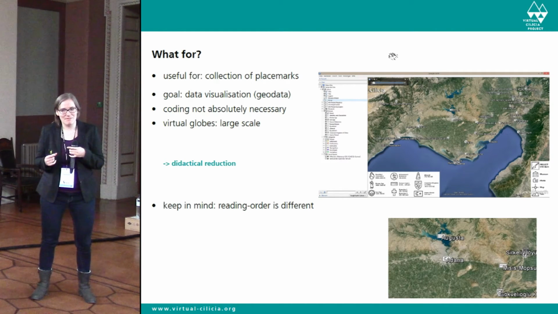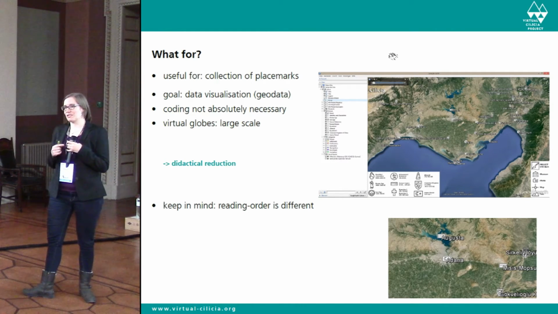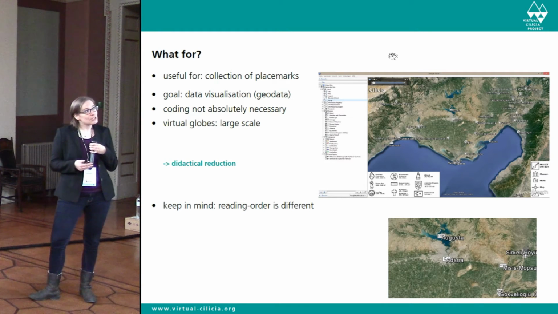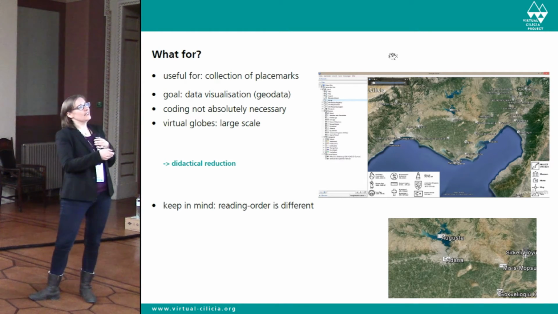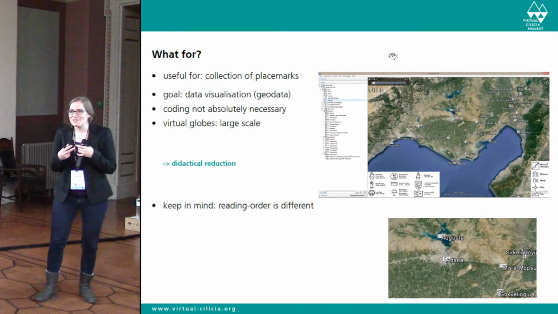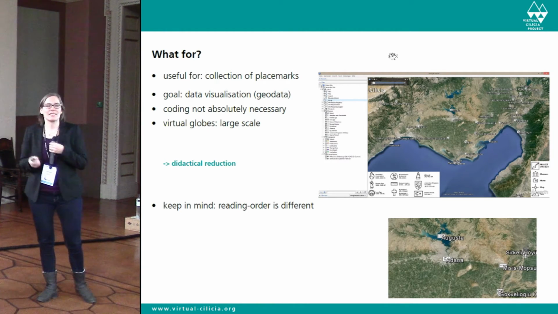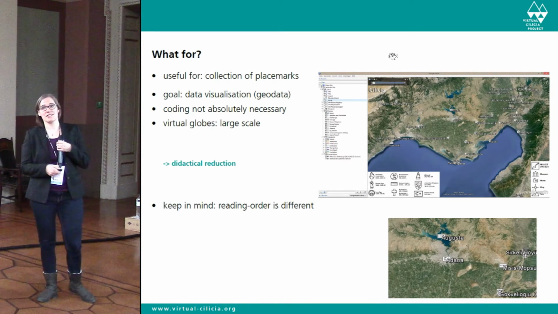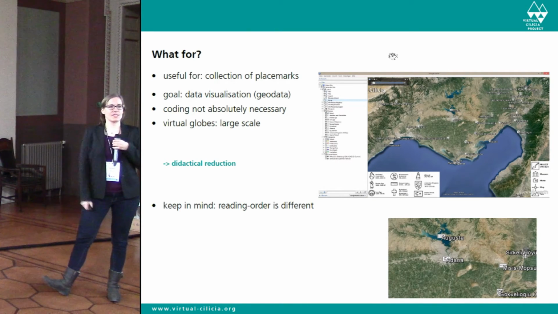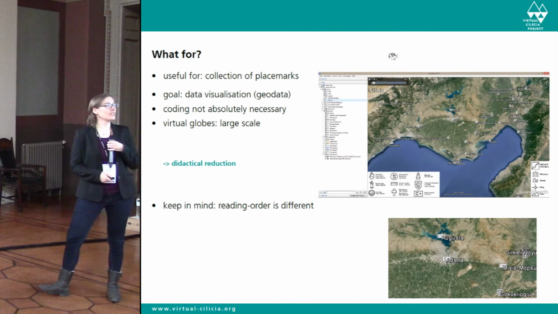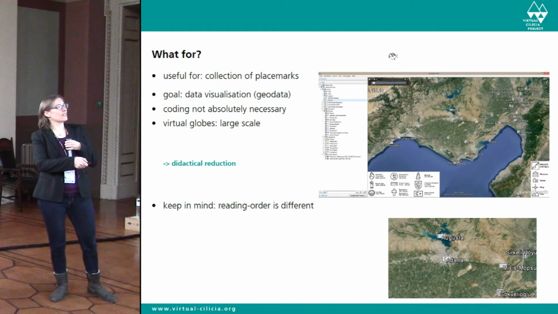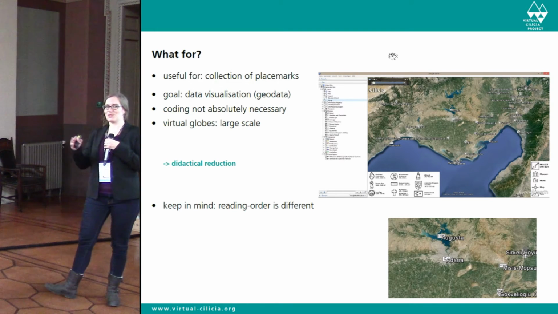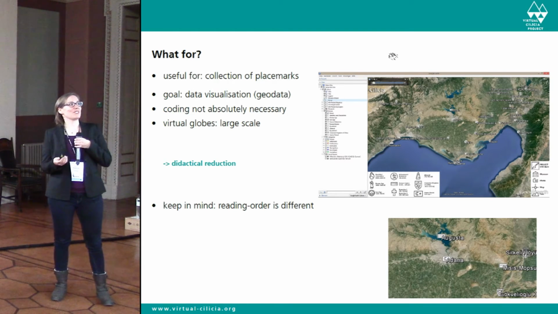But for all of them, it's necessary to do a didactical reduction, to decide what information is important, what I would like to show, what I would like to present. And of course, you have to make sure that the information is not getting wrong. So for example, for Adana, that's today the main city in this region, the fifth or sixth largest city in Turkey, we have chosen the Islamic period, so also the modern time, as the most important period for this site.